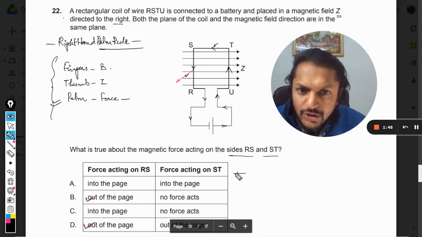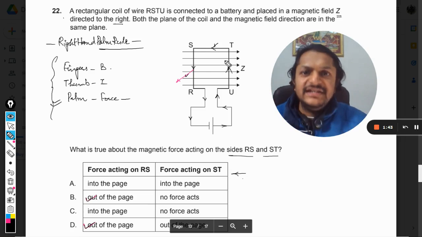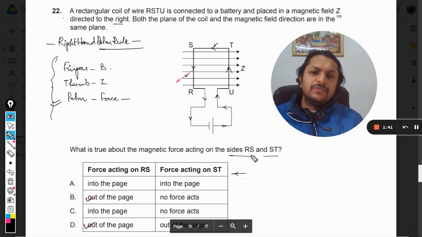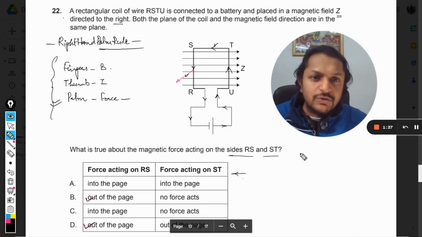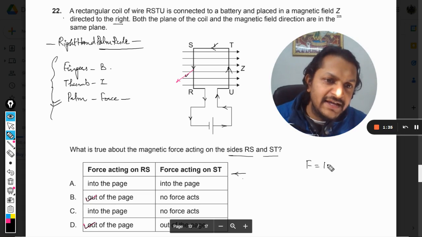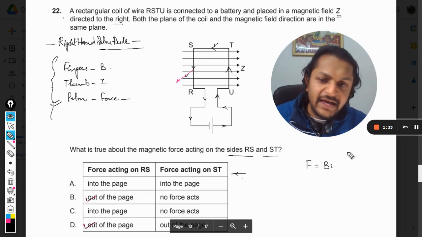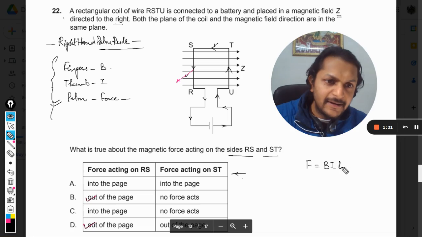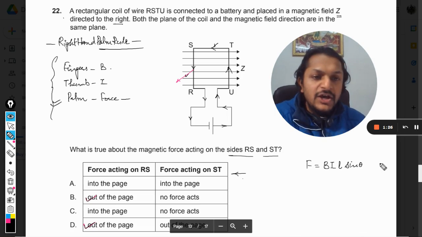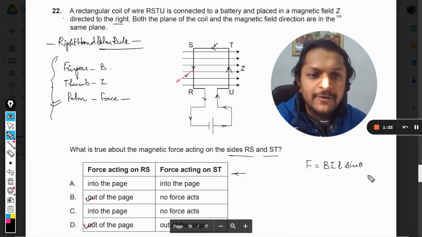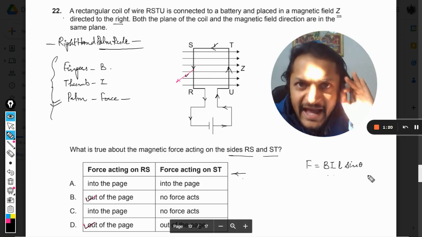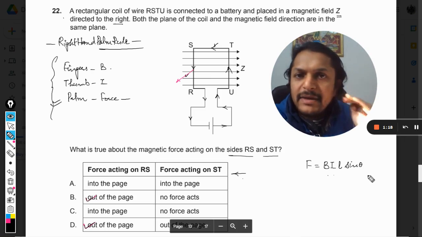And force acting on ST. Now ST, because the angle between the wire and the magnetic field becomes zero. So what is the formula? The formula is B I L sine theta. If you remember, BIL sine theta. So B is the magnetic field, I is the current, L is the length of the wire, theta is the angle between the wire and the magnetic field.